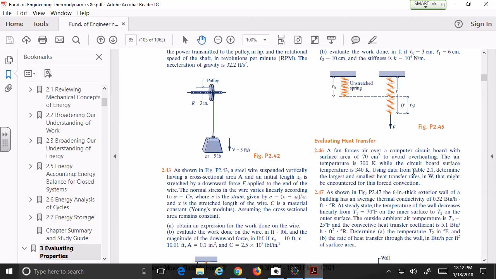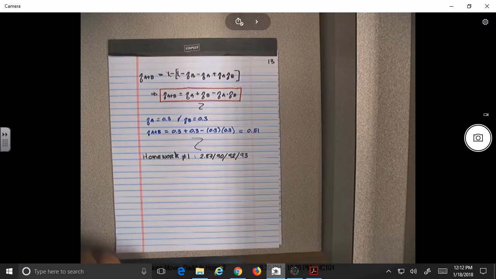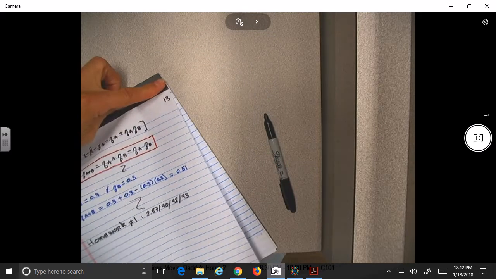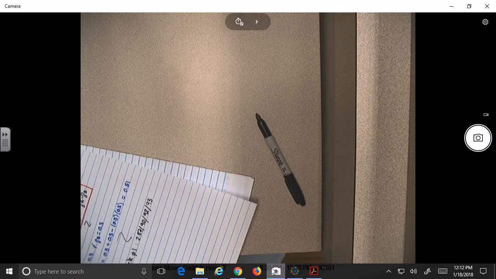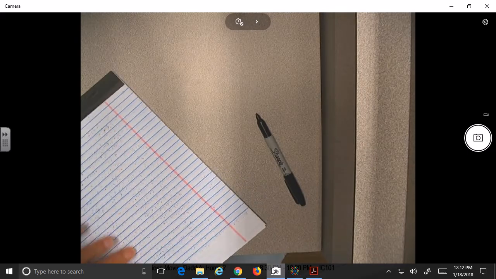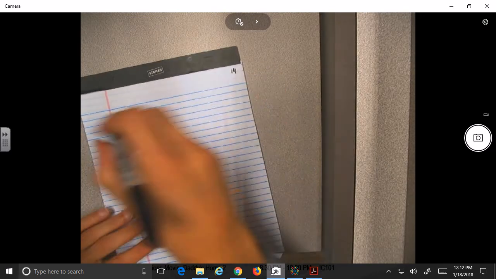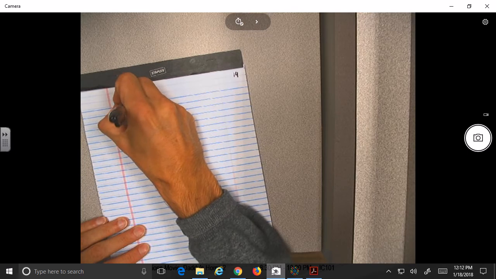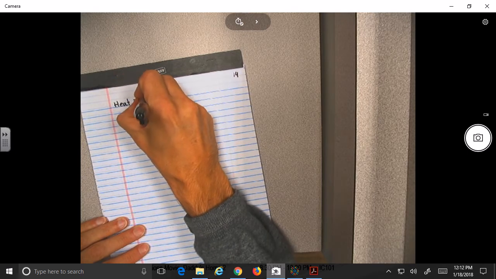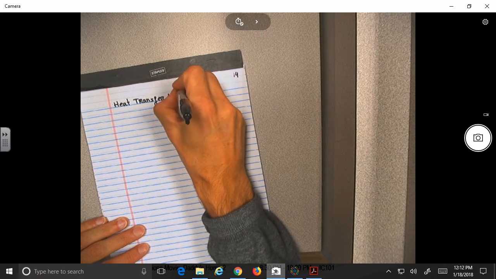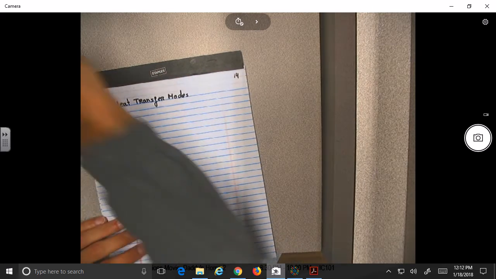So let's go to this camera here. I will add problems. Maybe let me just go to another page. So page 14 will be heat transfer modes.